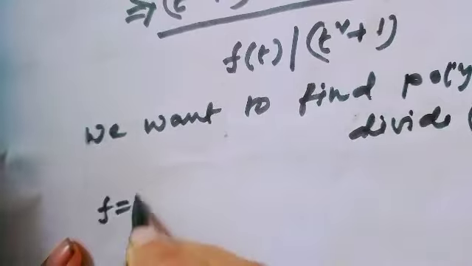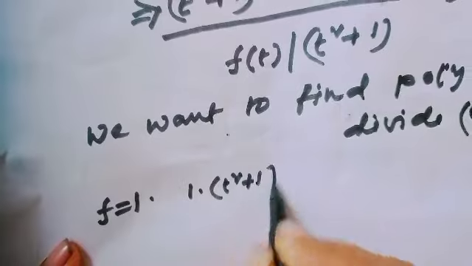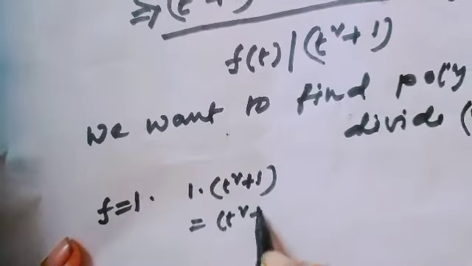If we consider f equal to 1, then 1 times (t² + 1) equals t² + 1.